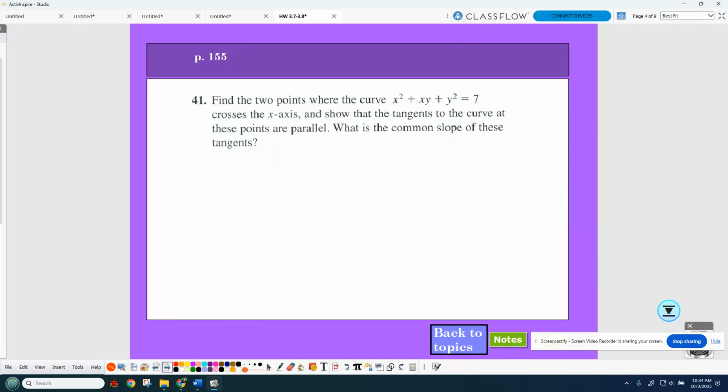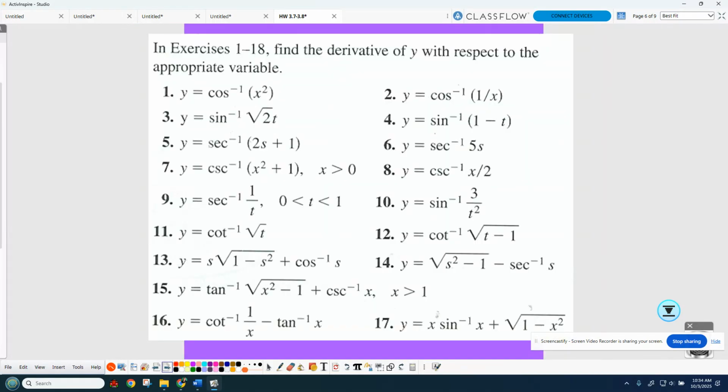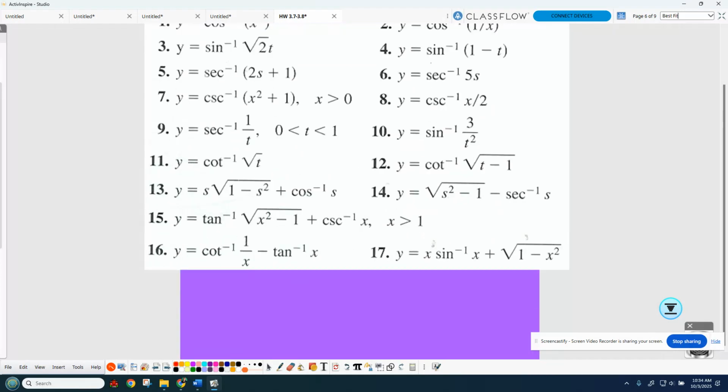Anything from trig inverse? Okay. Then can you guys show me how to do 9?